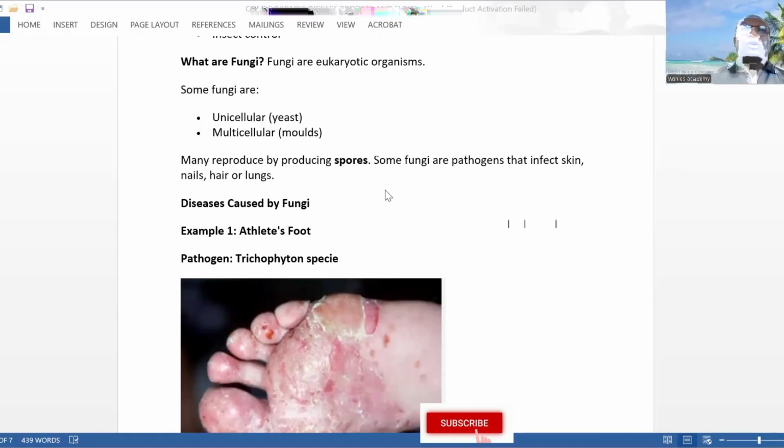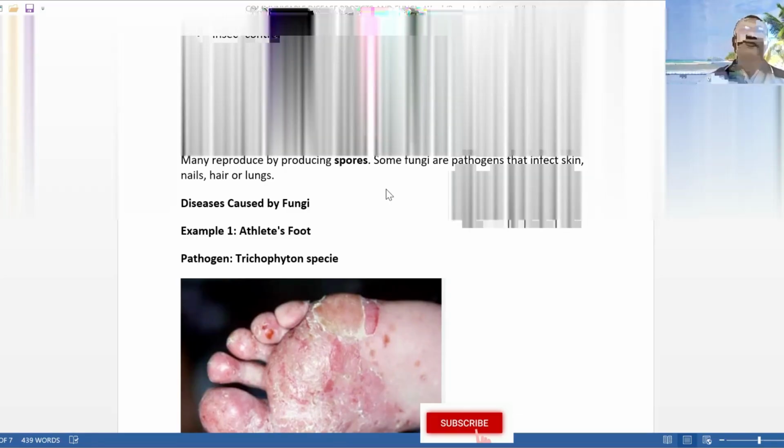Now, fungi reproduce by sporulation, which means spore formation. So they produce spores that can be spread through the air or carried by wind. They affect areas like the skin, the nails, the hair, or the lungs when inhaled.